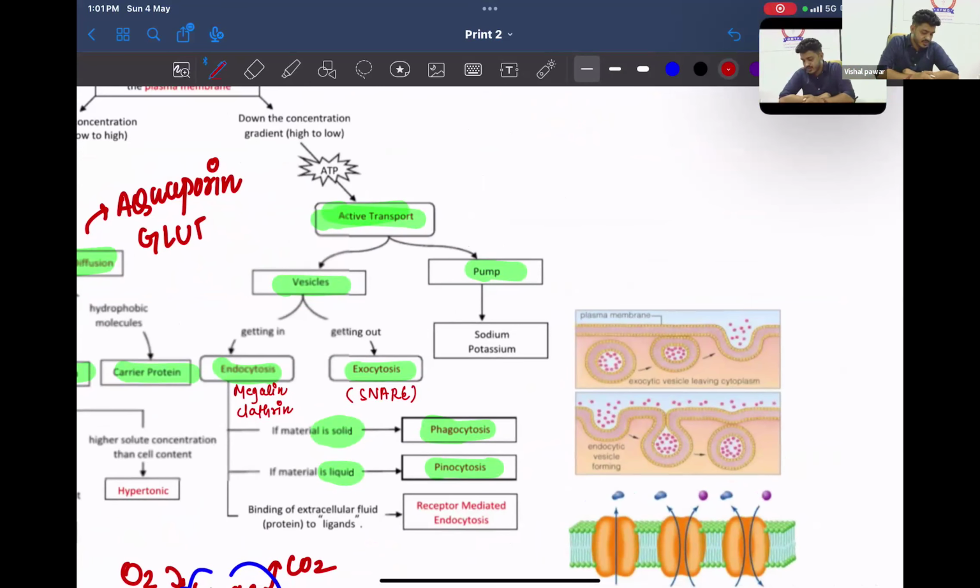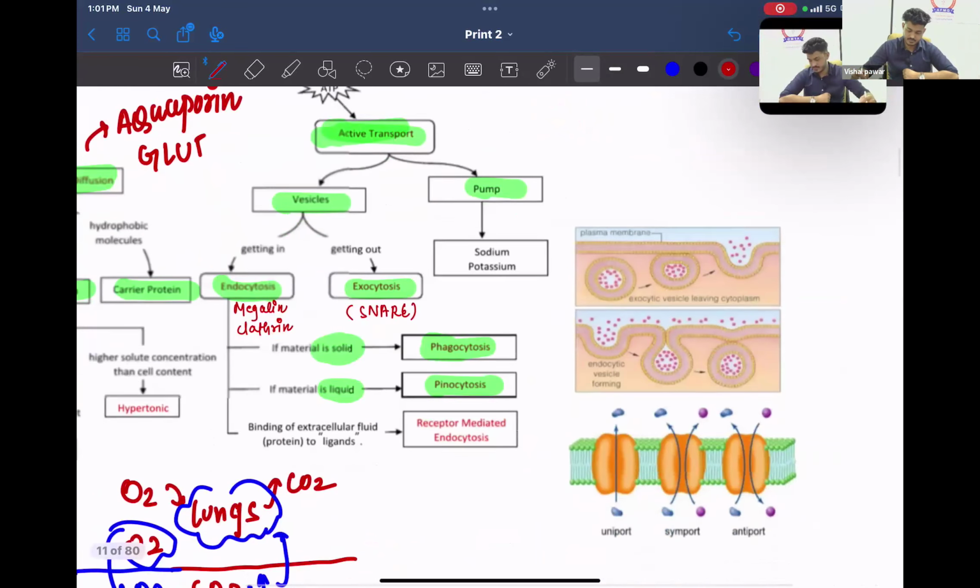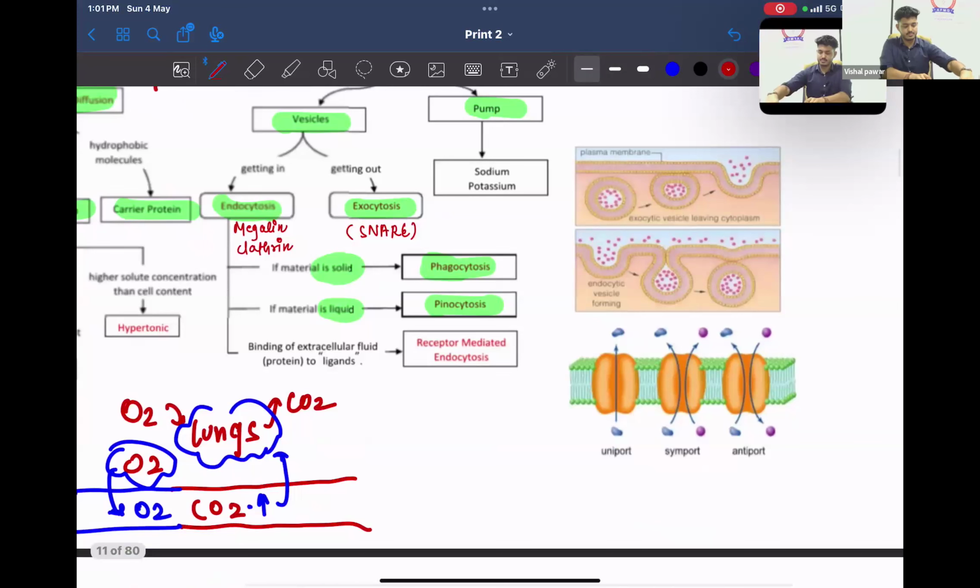This one will be having the SNARE protein.